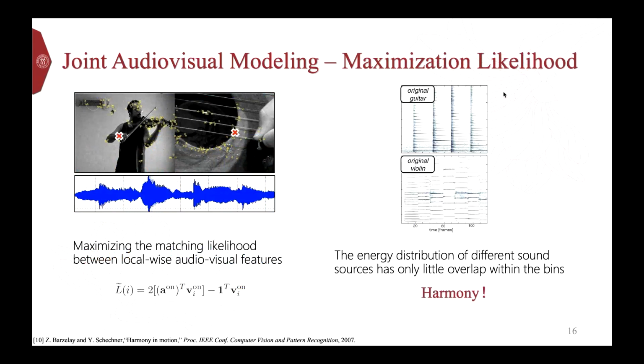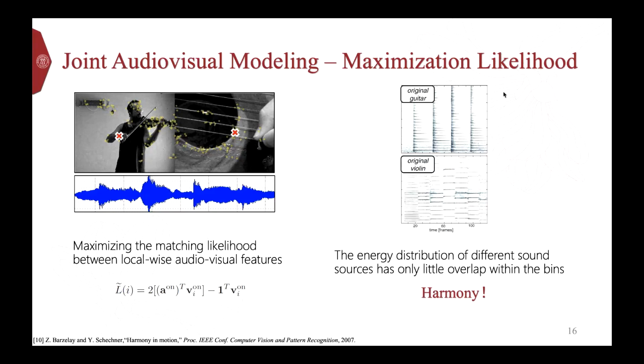So this work considers that the energy distribution of different sound sources has only little overlap within the beams. They think that this is the harmony behind the audio separation tasks.